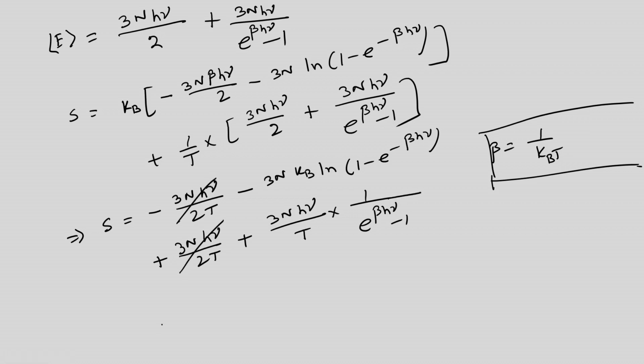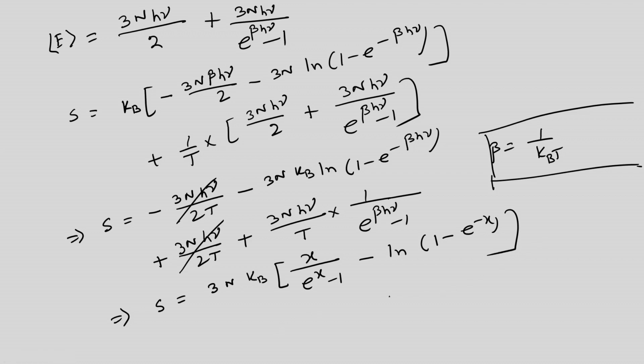So, this and this get cancelled. So, we get S is 3n k_B [x/(e^x - 1) - ln(1 - e^(-x))].